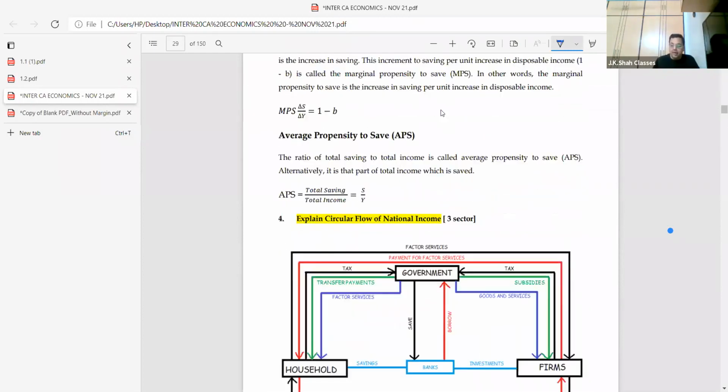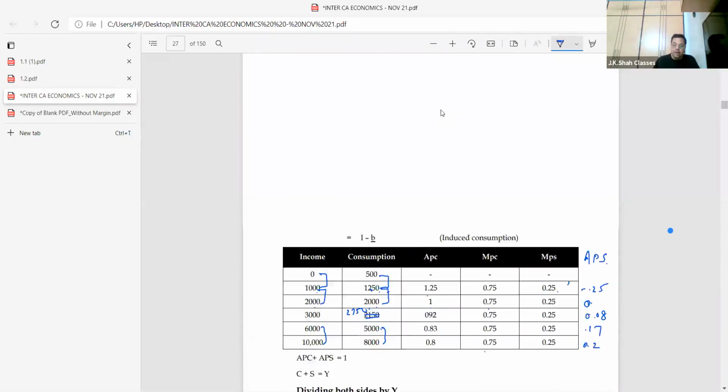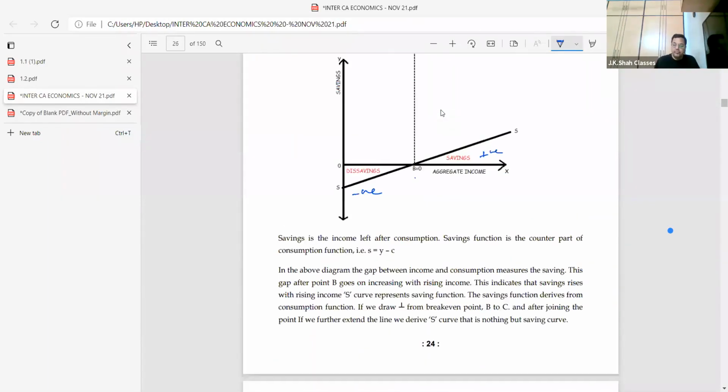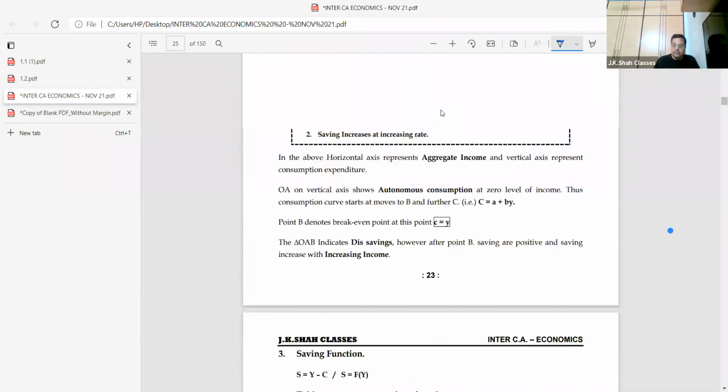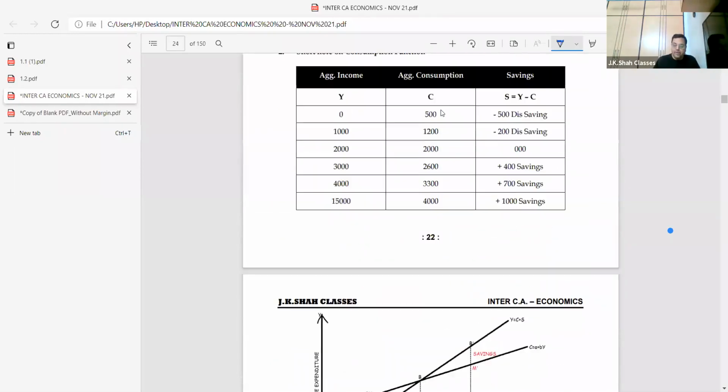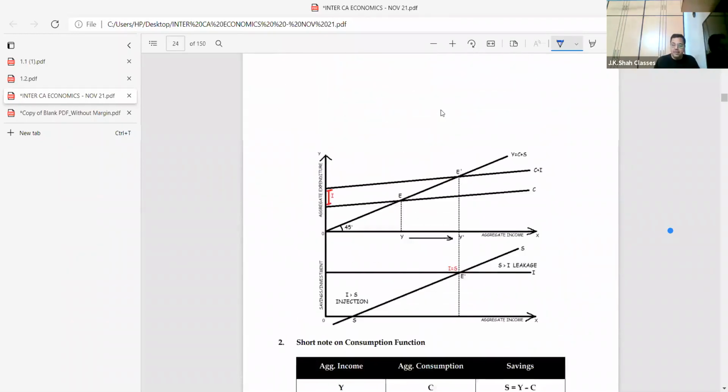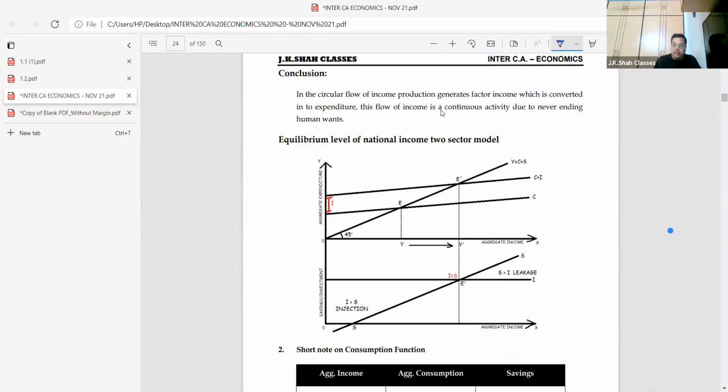Now, after this, we should go to this part. This part we've done. Equilibrium level of national income in the two-sector model. This doesn't look like a two-sector model.